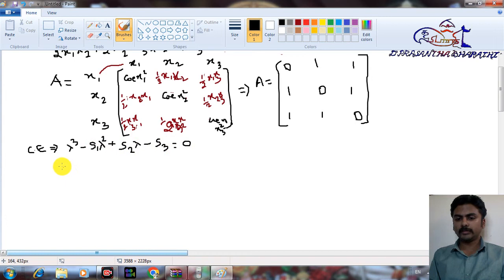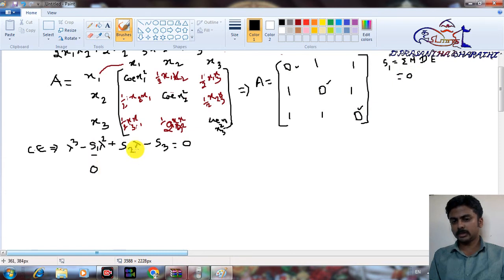Here s1 is the sum of the main diagonal elements, that is 0 plus 0 plus 0, so s1 will become 0.